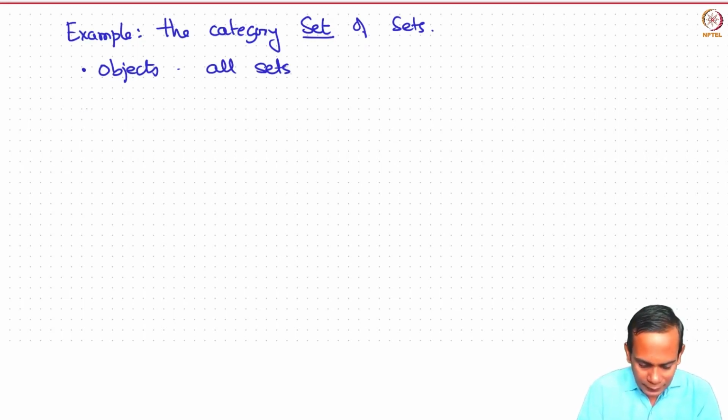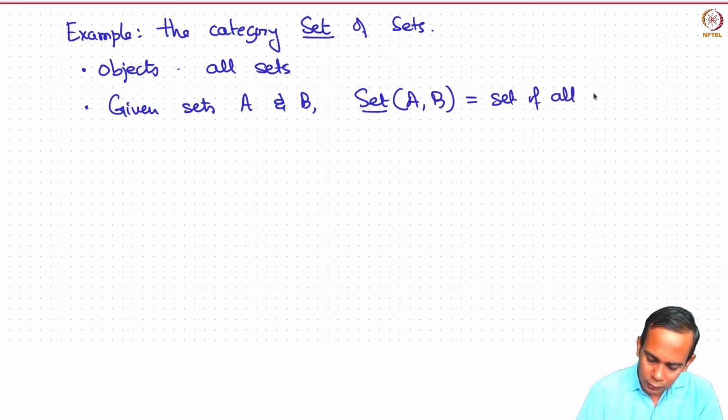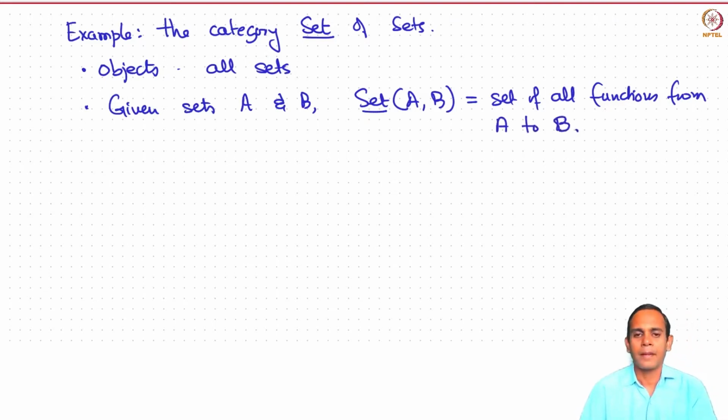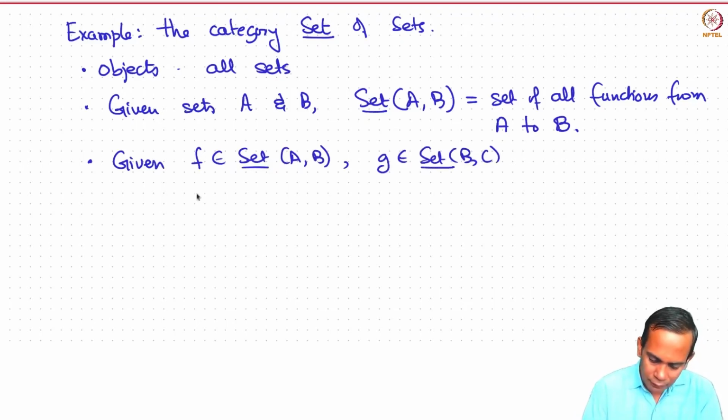So the objects are all sets, and given sets A and B, the arrows from A to B is the set of all functions from A to B. And what is a composition? G circle F is the composed function.